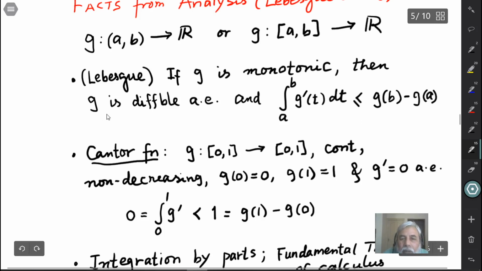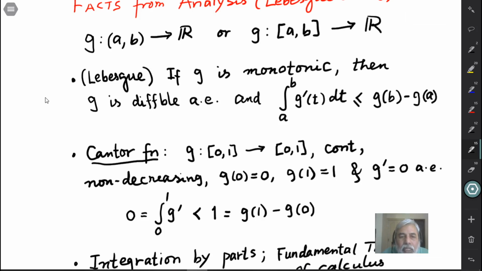When we have an everywhere differentiable function, the fundamental theorem of calculus says that this is an equality. But for almost everywhere differentiable functions, there can be strict inequality.